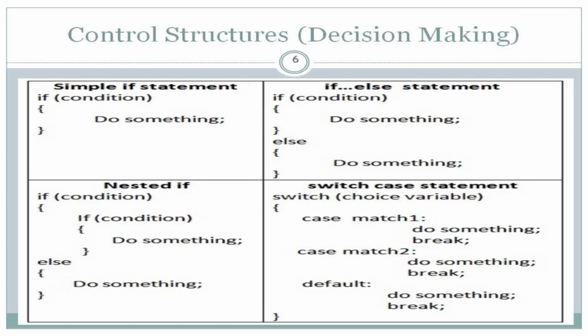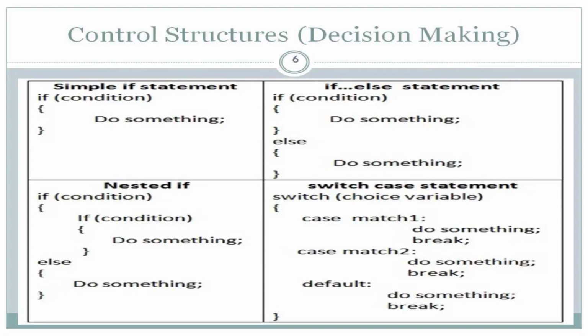In this, the variable value is checked with various case values. If any of the case values matches the variable value, then the statement is executed, and after that, it exits from the switch case. Next the control structure is the control loop structure. Without looping, we cannot do any repetitive tasks in C language. It is divided into three parts.